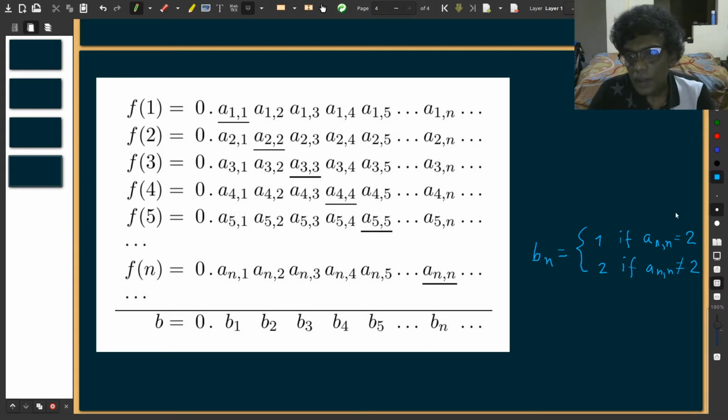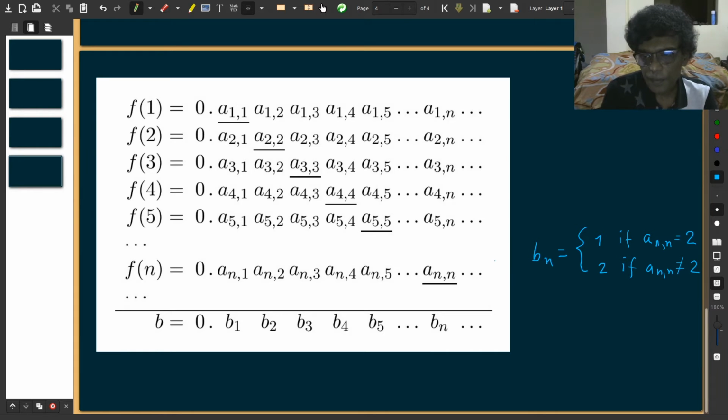So this is the clean construction. If this is 2, I will take 1 here. If this is anything other than 2, I will take 2 here. So then, what do I have? This number b differs from f of 1 in this position.